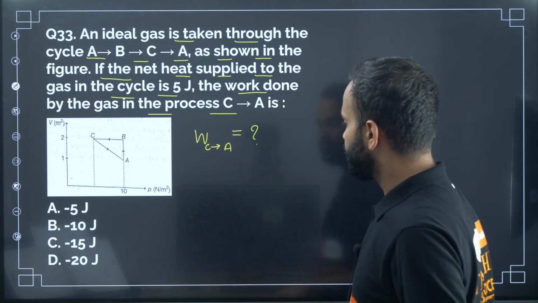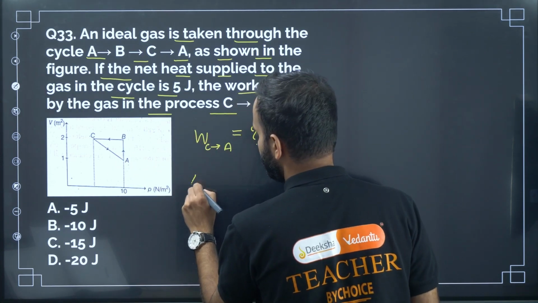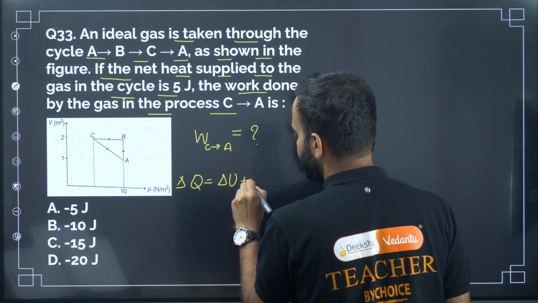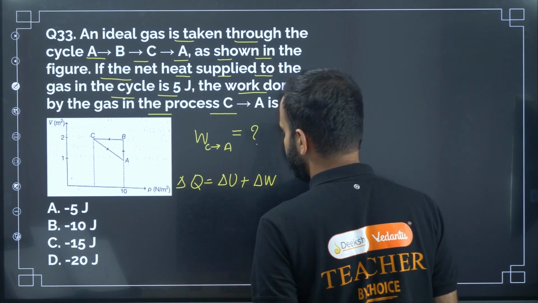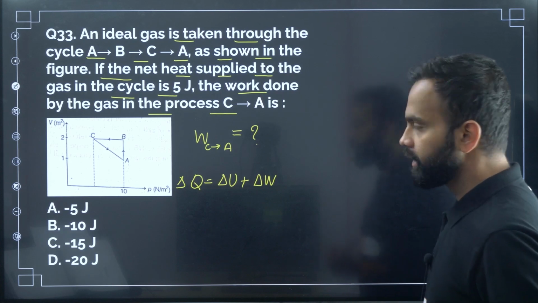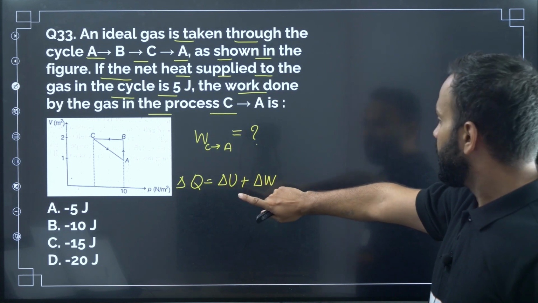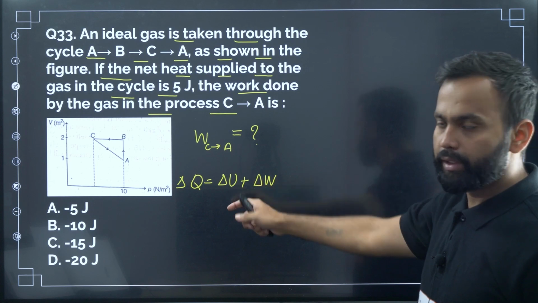Let us find the work done by the gas. Heat supplied, delta Q is equal to delta U plus delta W. This is a cyclic process, so the change in internal energy is 0.